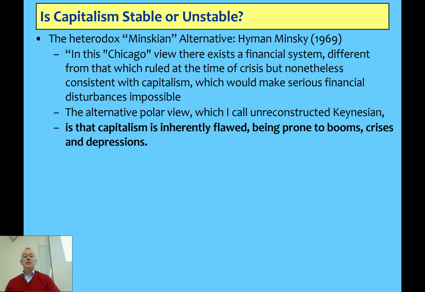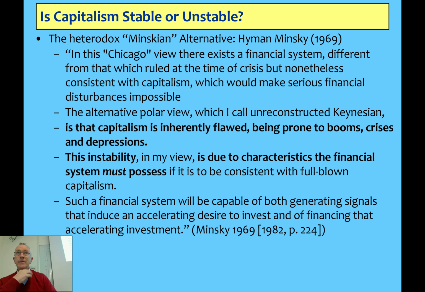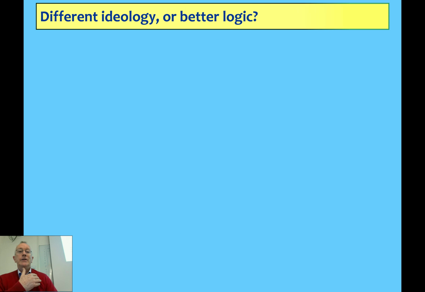The alternative view, which he called unreconstructed Keynesianism, is that capitalism is inherently flawed, being prone to booms, crises and depressions, and this instability is due to characteristics the system must possess if it's to be consistent with full-blown capitalism. I recommend reading the article. Minsky does admit that he's making an extreme claim here to say that it's inherent. And it comes down to the role of finance in generating both a desire to invest and then the capacity to finance that investment.